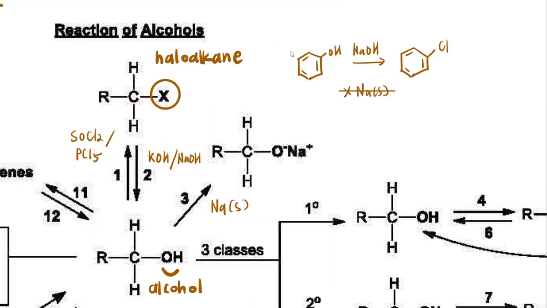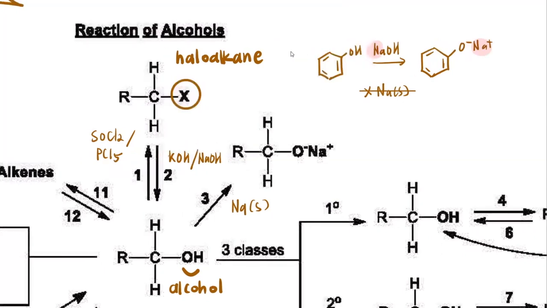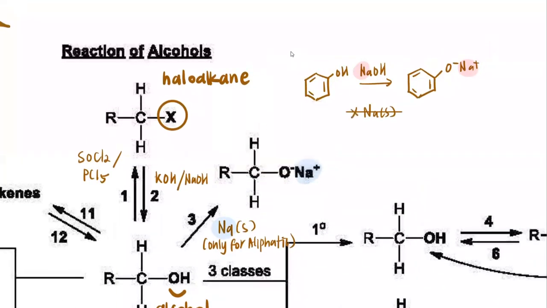Sorry, it's reversed, it should be ONa. This one is sodium metal only for aliphatic, and this one is only for aromatic.